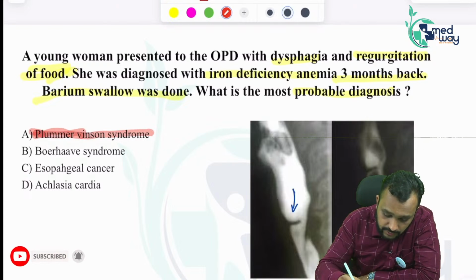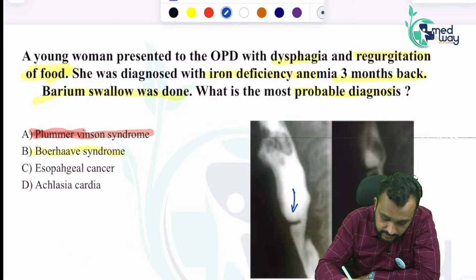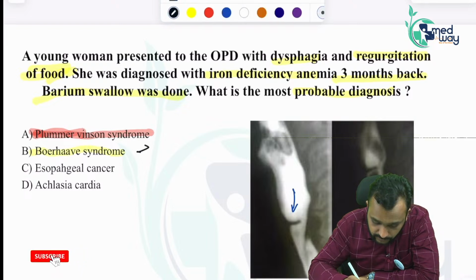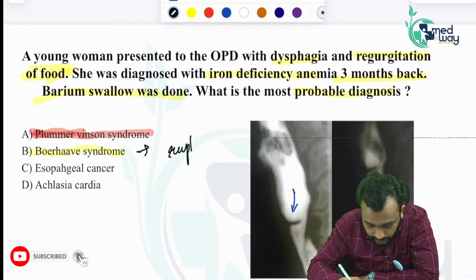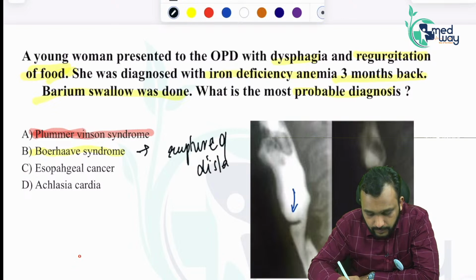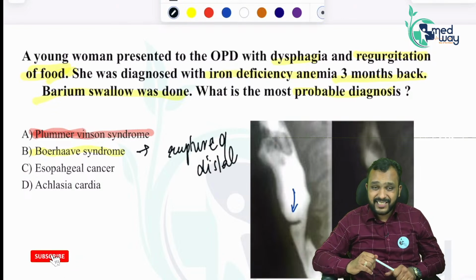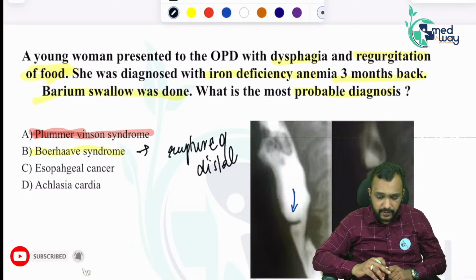What is Boerhaave syndrome? In Boerhaave syndrome, there will be rupture of the distal esophagus due to excessive vomiting. The patient will have chest pain and subcutaneous emphysema.